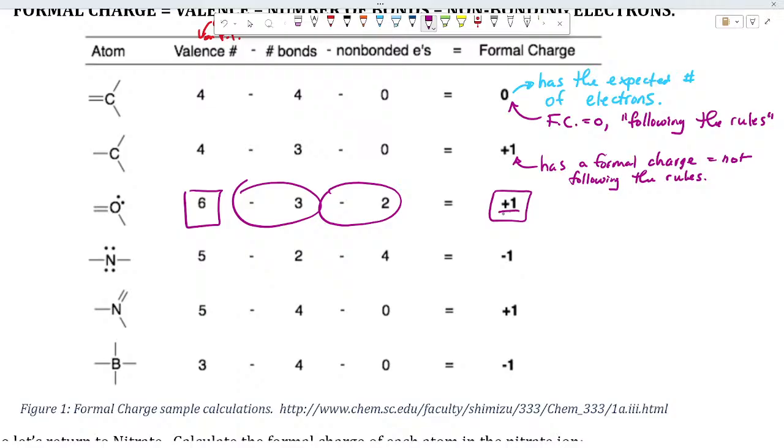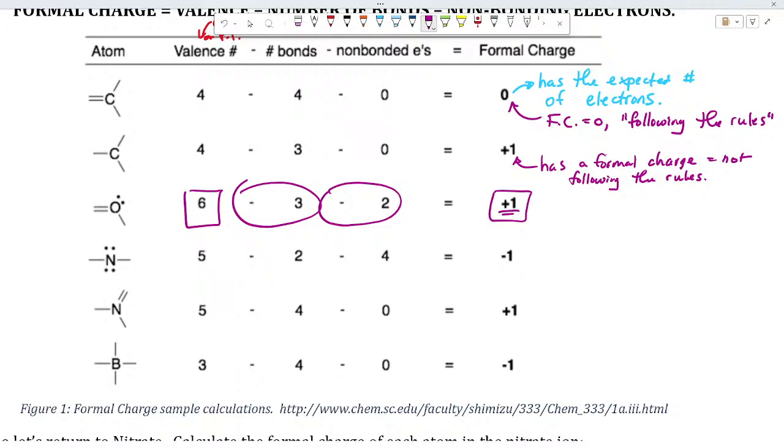The reason this is plus 1 is oxygen here is doing more sharing than we expect it to. We expect oxygen to share only twice and to keep the rest of the electrons. But here it's sharing 3 times. That's where formal charge is a little different. It's not about the number of bonds per se.